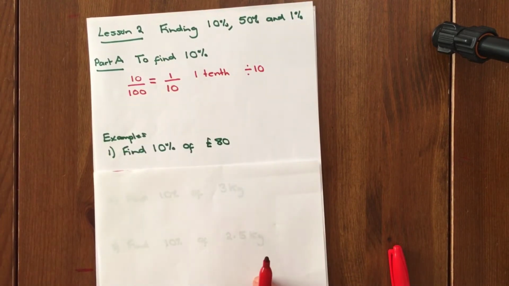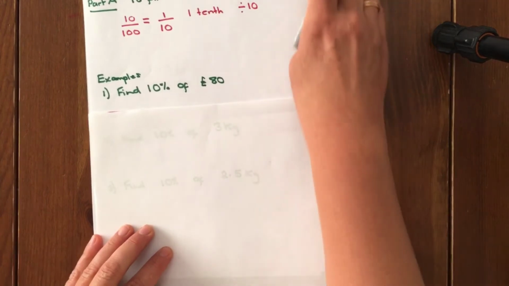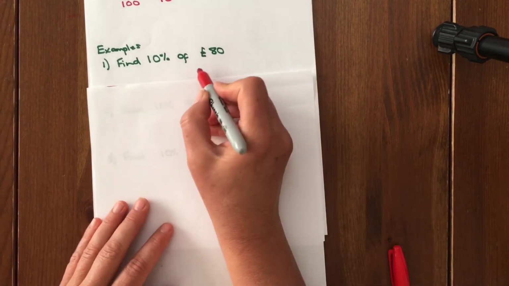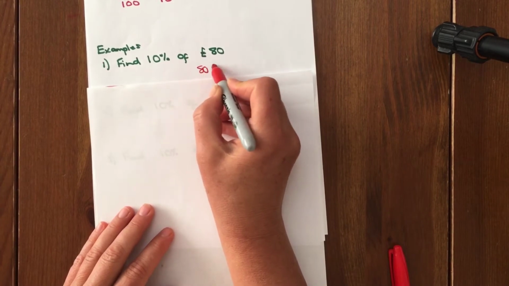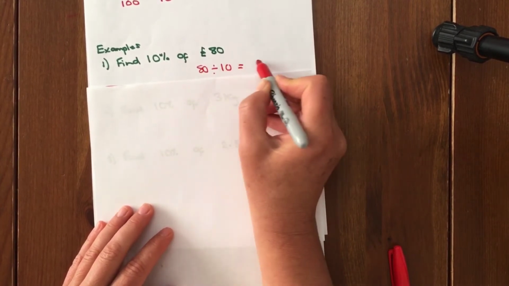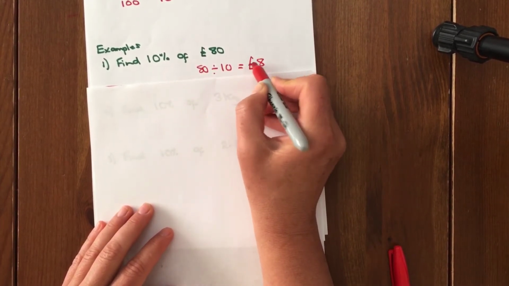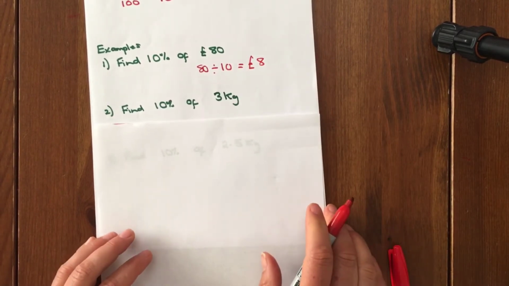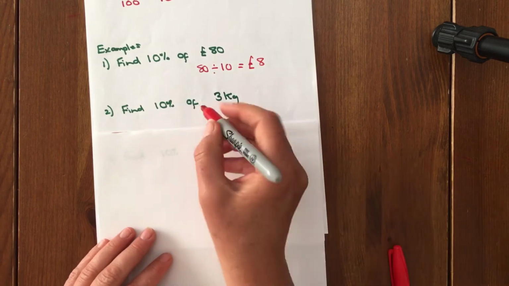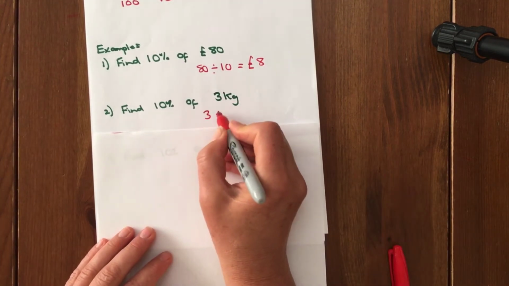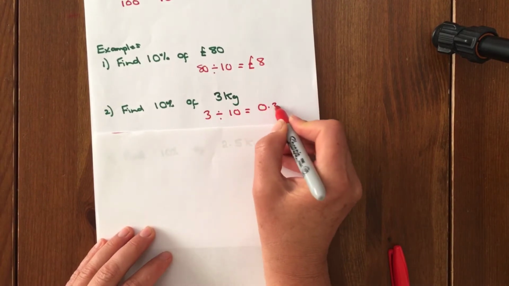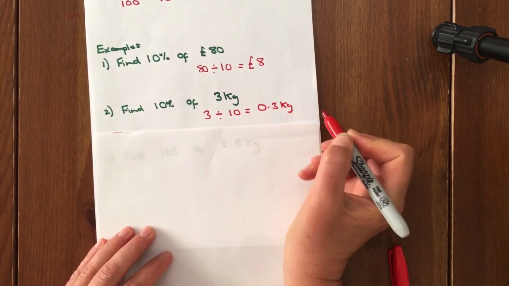So examples. If I was to find 10% of 80, all I do is divide 80 by 10 to get 8. So I want you to write a couple of these key examples. To find 10% of 3 kilograms, I just divide 3 by 10 to get 0.3 kilograms.